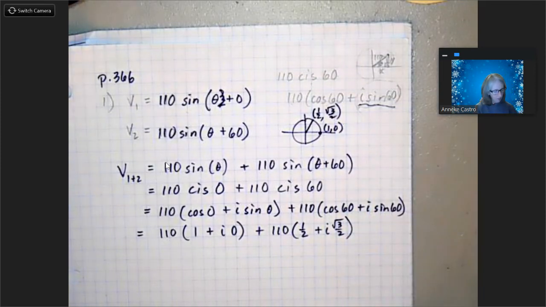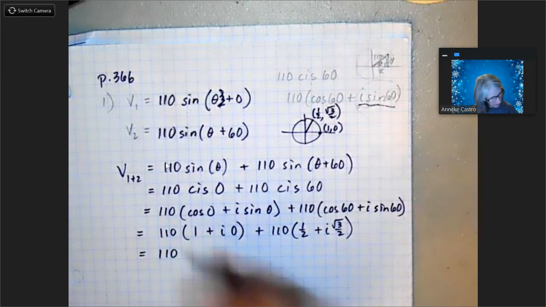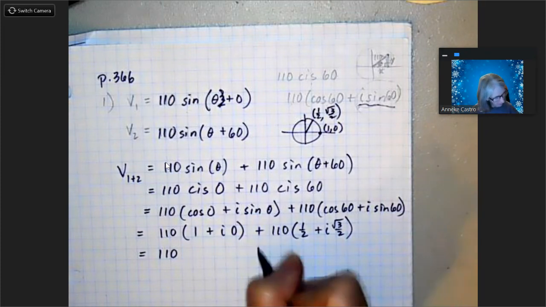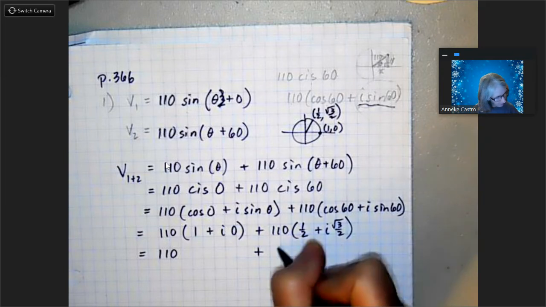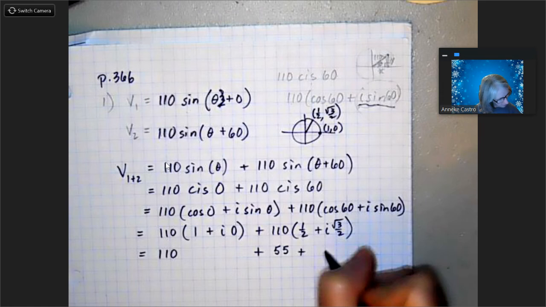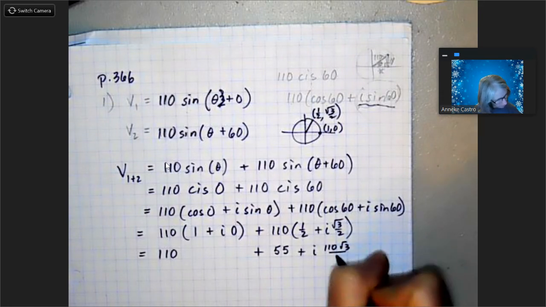Okay, and now I can simplify this. 110 times 1 is 110. 110 times 0, i is just 0, so that one goes away. And then over here, 110 times 1/2, well, that's 55. Plus, and now I have to multiply this one out, I have i times 110 root 3 over 2.